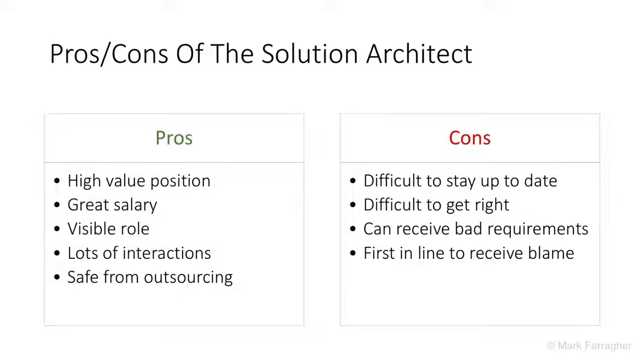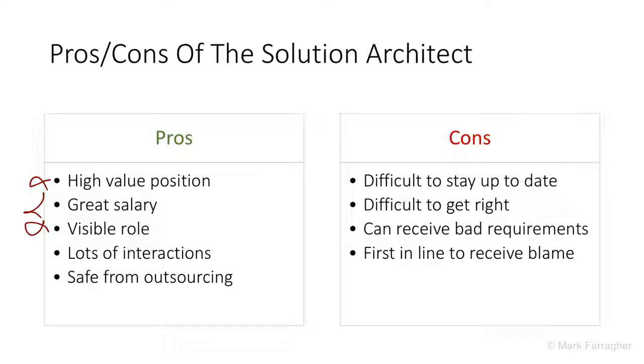So let's look at the pros and cons. The pro of being an architect is that it is a super high value position. It is the most important leadership position you can have within an IT team. So you're right at the top of the corporate ladder, at least within a project team. The salary reflects this. You often have a great salary, so that's really nice.